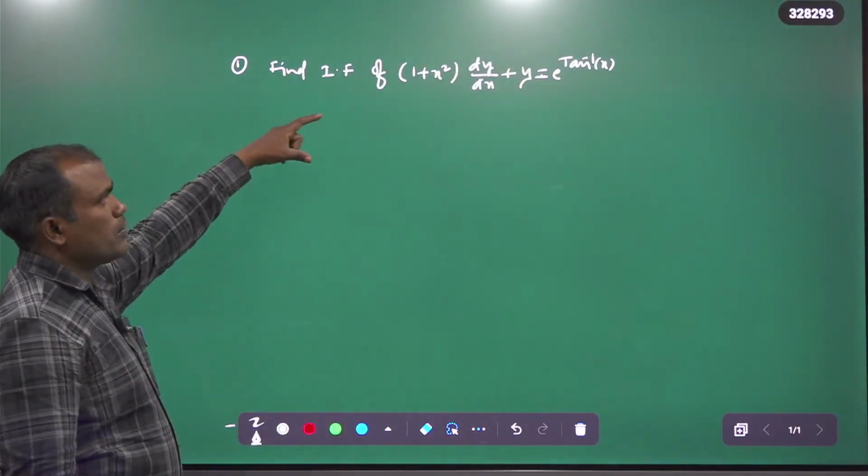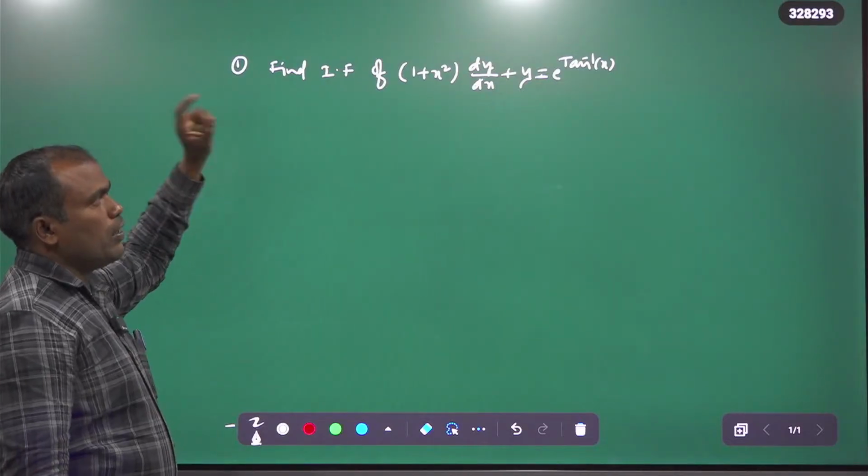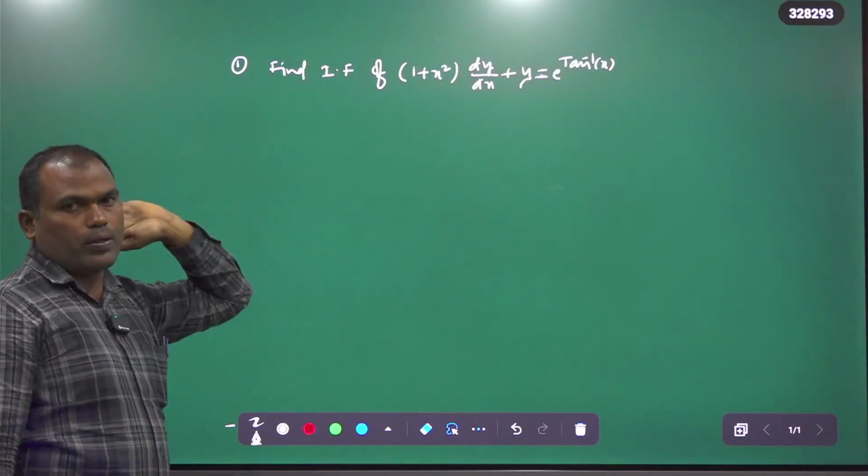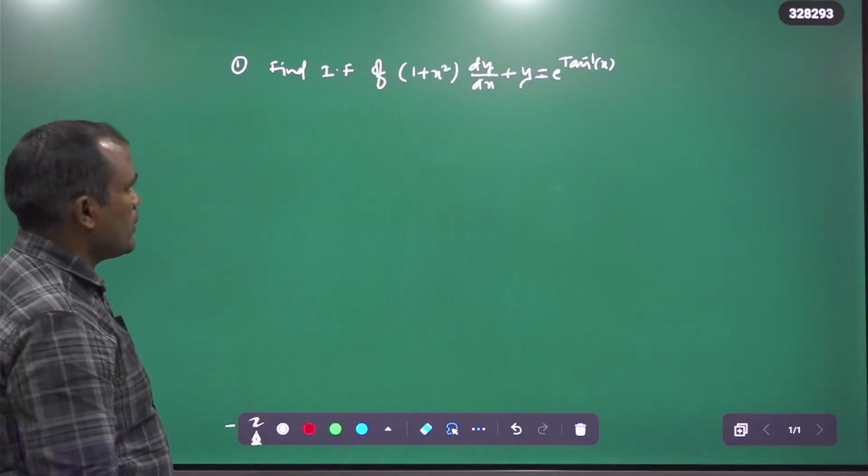That is, 1 plus x square into dy by dx plus y equal to e to the power of tan inverse of x, into dx is given.